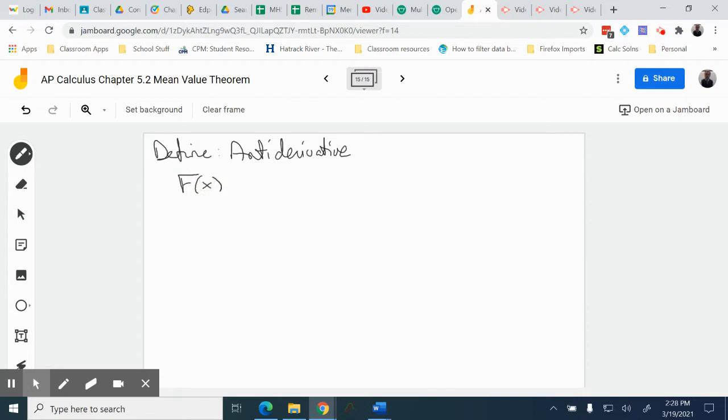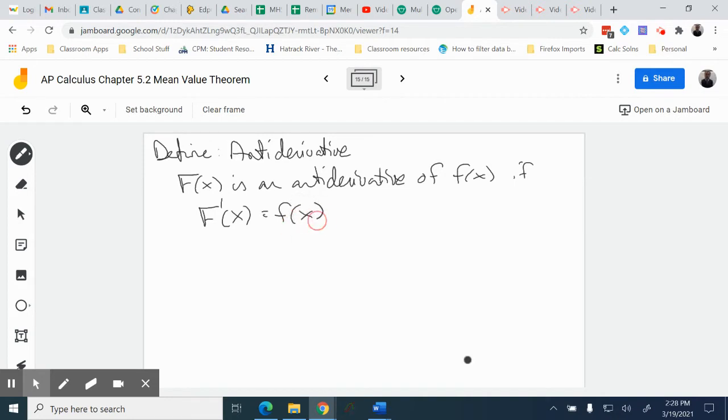Capital F, uppercase F of x, is an antiderivative of f of x if the derivative of uppercase F is equal to the original function. So the derivative of an antiderivative is the function. The usual caveats: for all x in the domain of f of x.